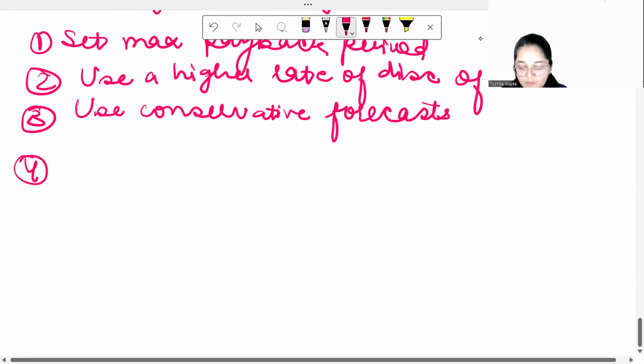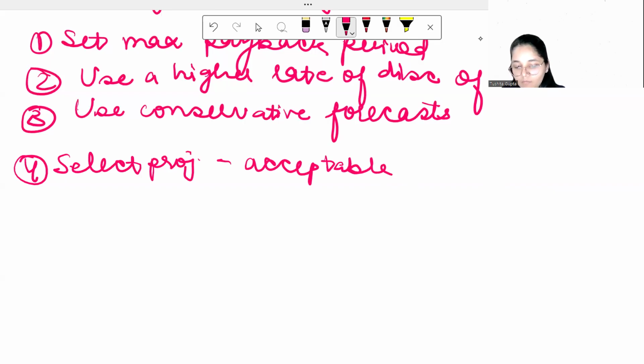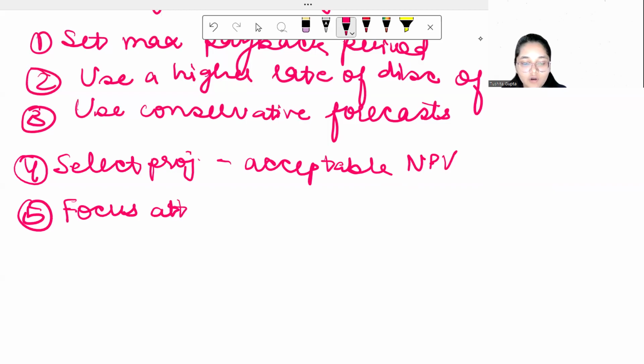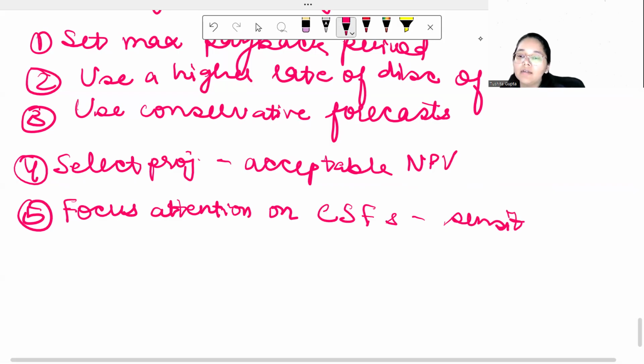The next thing that we have is to select the projects which have acceptable NPV. And then last but not the least, you should focus attention on CSFs, the critical success factors, which were identified using sensitivity analysis.